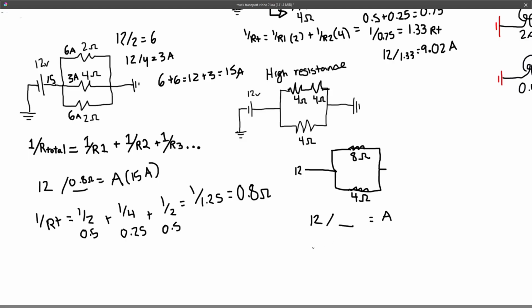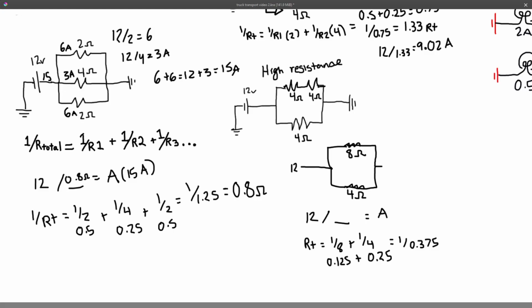For total circuit resistance, R total is equal to 1 over 8 plus 1 over 4, which is 0.125 plus 0.25, which gives us 1 over 0.375.